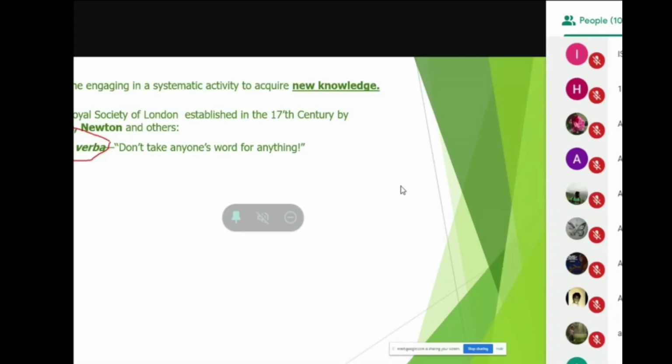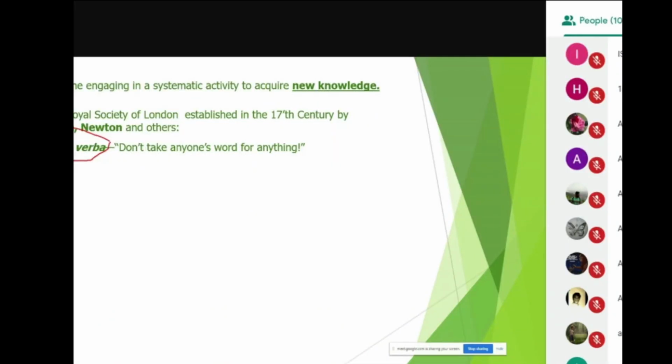And what they say is that don't take anyone's word for anything. So a scientist means somebody who will not take anyone's word for granted, but instead will think deep into those proposals or assumptions and then figure out the truth behind that. And this was one of the initial descriptions of being a scientist.